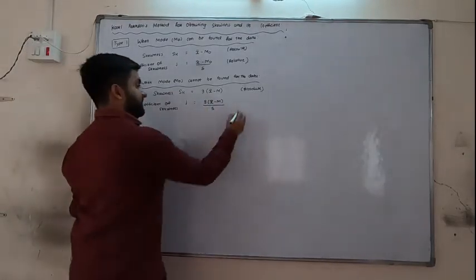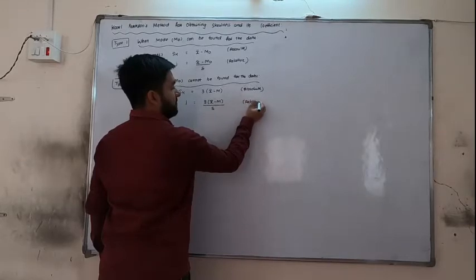M is the median, and this is a relative function.